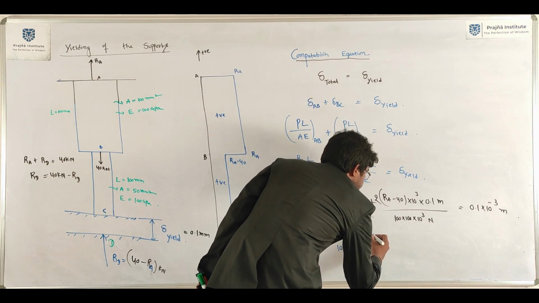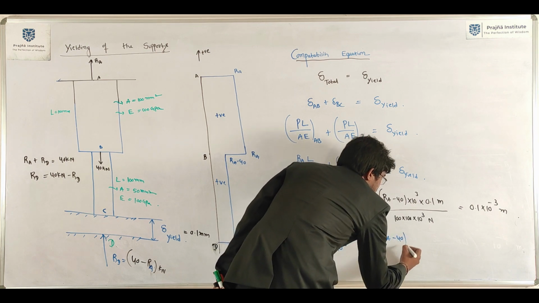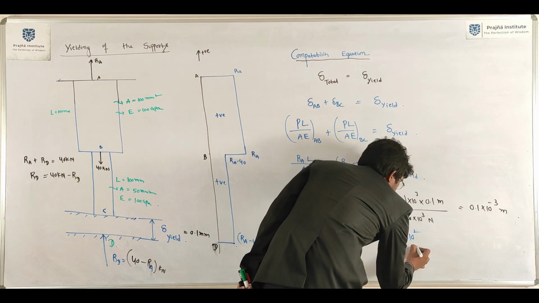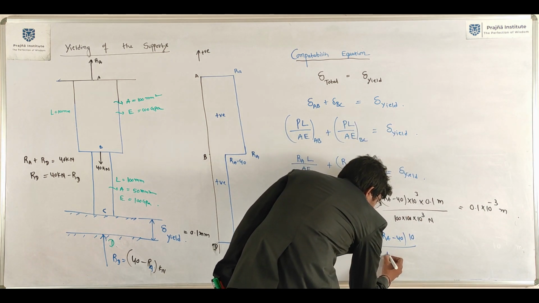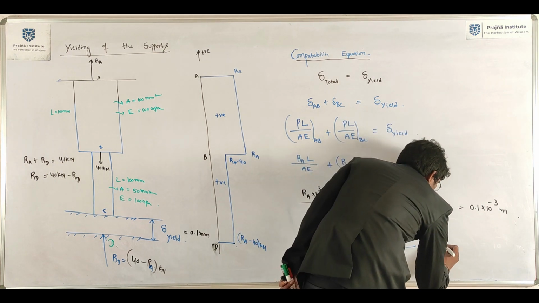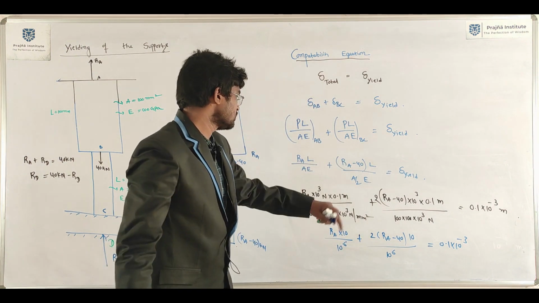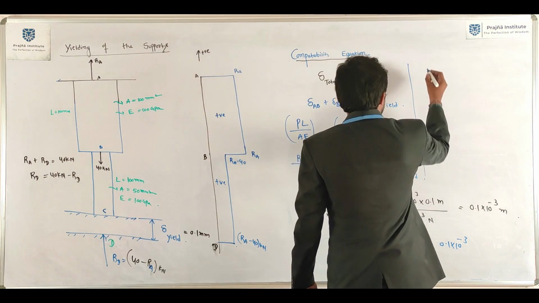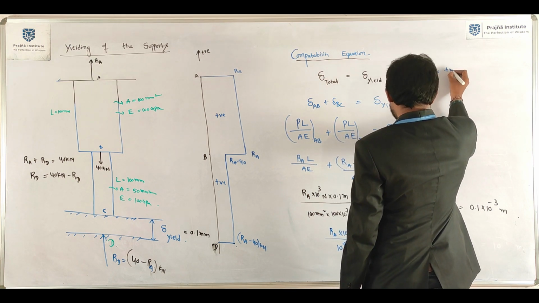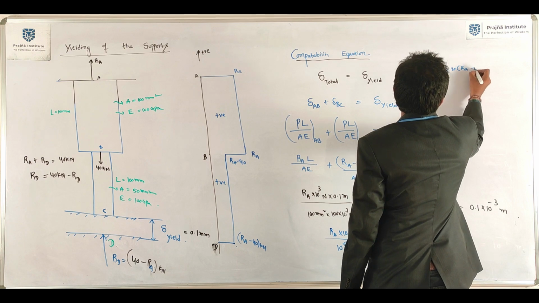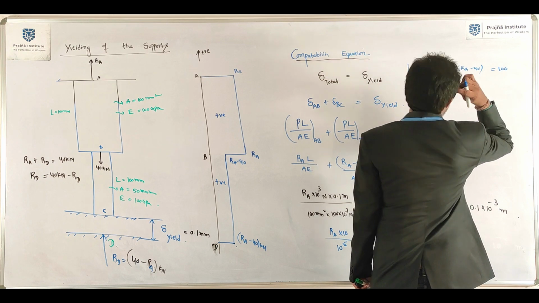Here it is 2 into RA minus 40, 10 square by 10 power 7, here 10 power 6. Here 0.1 into 10 power minus 3, 10 power minus 4. You will get RA into 10 plus 20 into RA minus 40 equals 100.